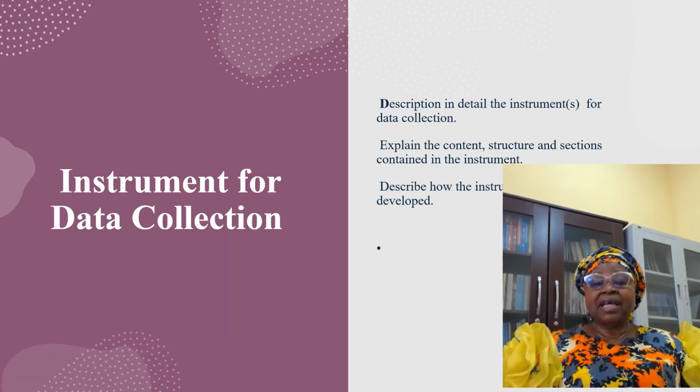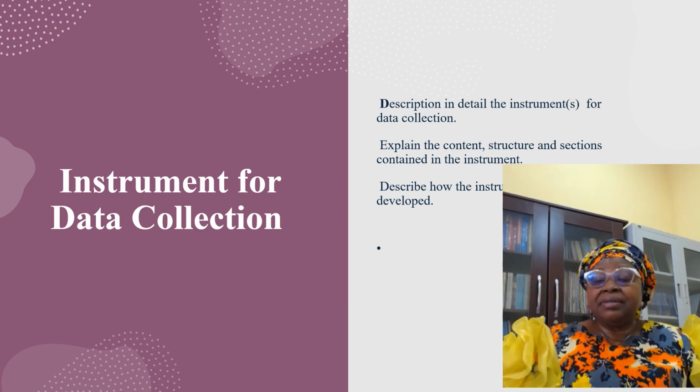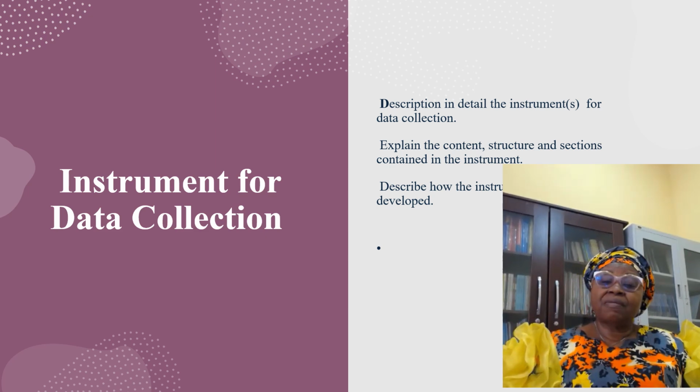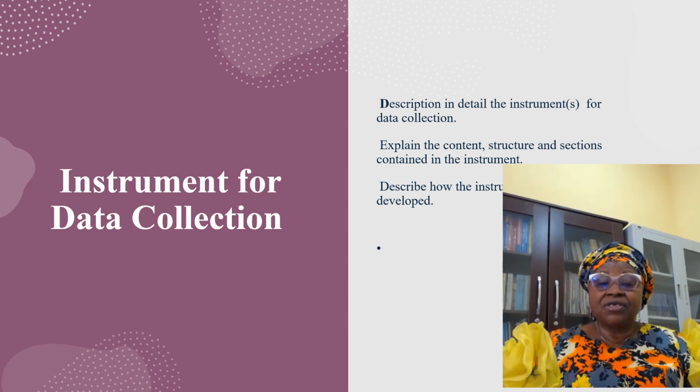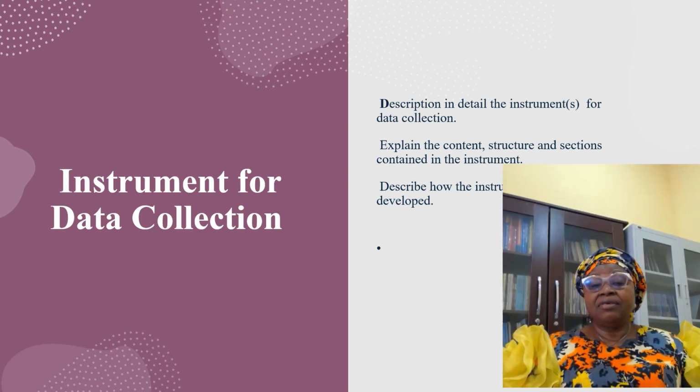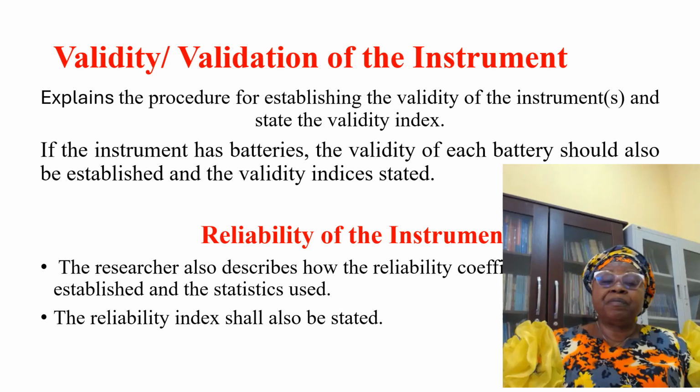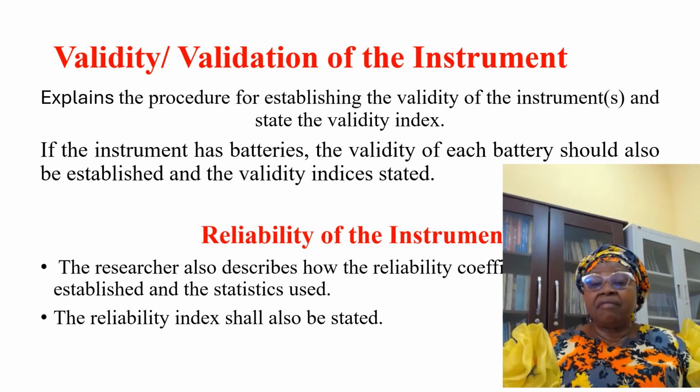The instrument for data collection. Describe in detail the instrument for data collection. Explain the content, structure, and sections contained in the instrument. Describe how the instrument was developed. Then we now talk of validity, validating the instrument.